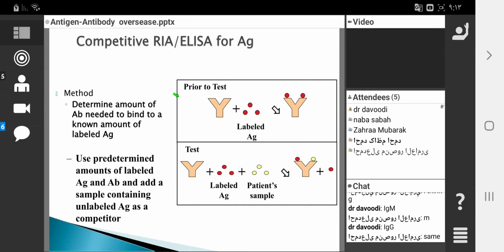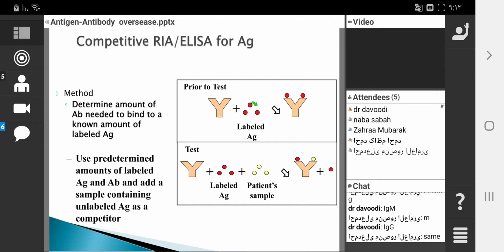In a step before the test, we have to determine the amount of antibody needed to bind to a known amount of labeled antigen. What is the meaning of labeled antigen? It means the antigen is already labeled by radioactivity.